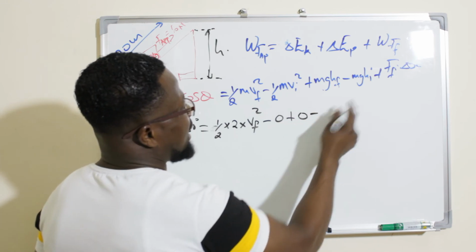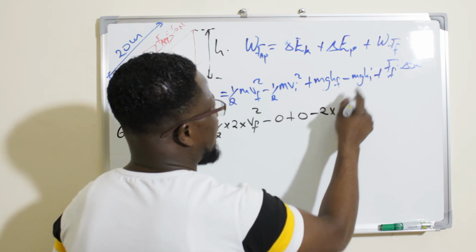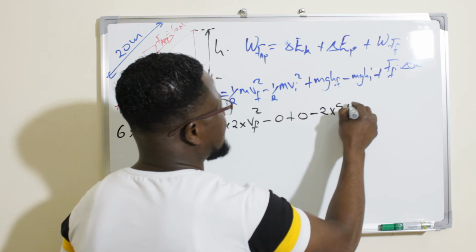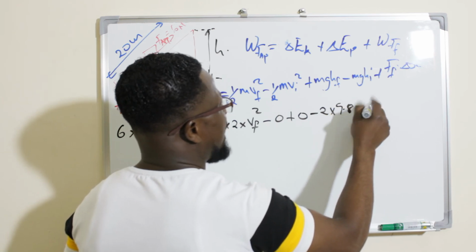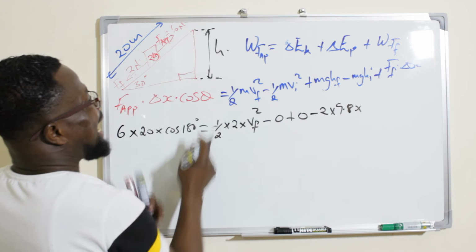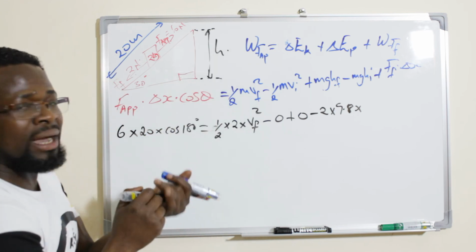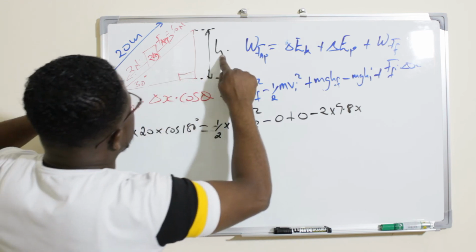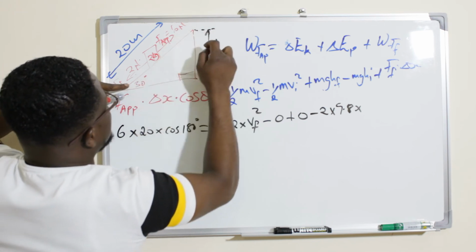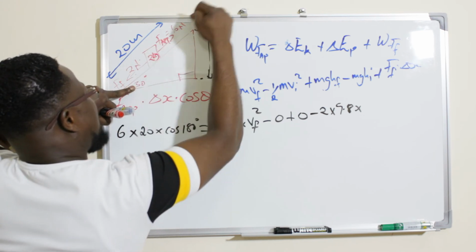And now minus 2 multiplied by g, which is 9.8, multiplied by the height, and the height is here. Check for the height. The height is here. This is the opposite to the angle, and this is the hypotenuse.